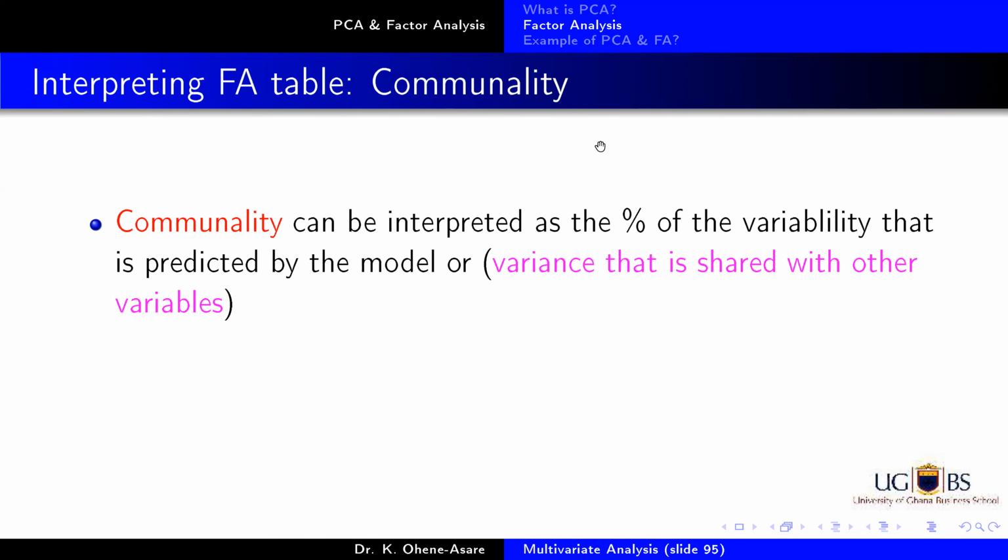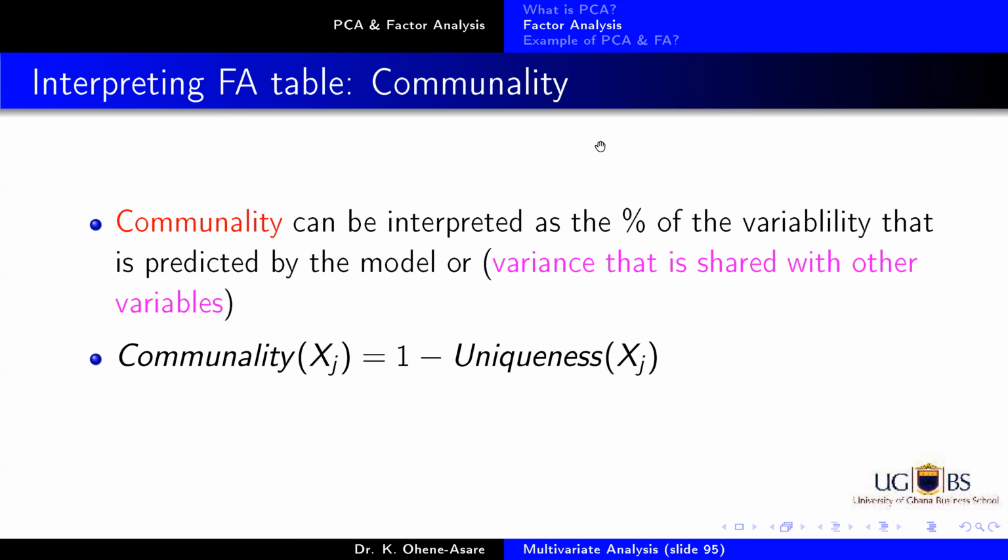So there is a connection between communality and uniqueness. One minus the other equals the other. So for example, communality is 1 minus uniqueness, and uniqueness is 1 minus the communality. Why? Because if you take away what is unique to you, then what is not unique to you is common to others.